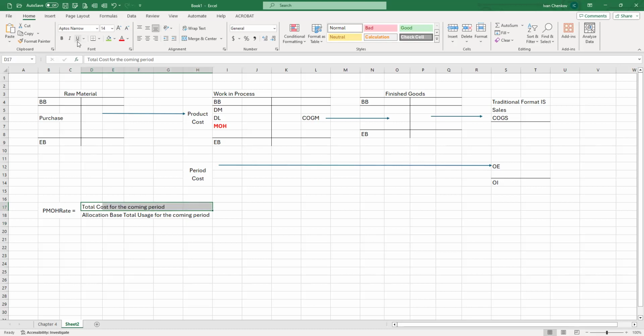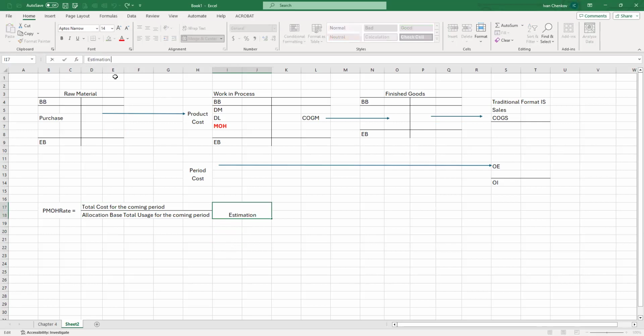Now, what was the tricky part with those two? Both of them are based on estimation. That's the tricky part here. Why? Because we don't know those costs, but we're doing estimation.